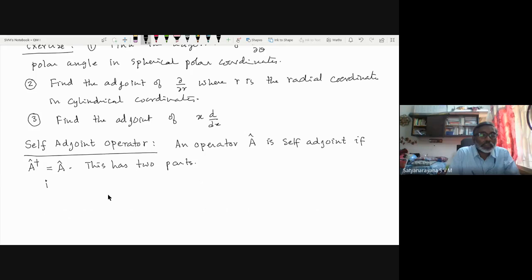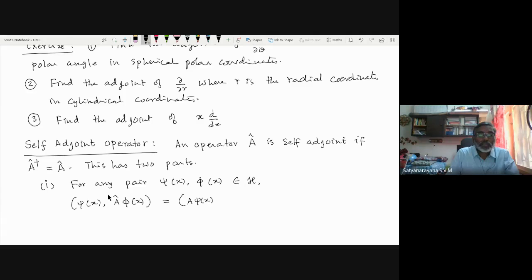The first part is that for any pair psi of x, phi of x in the Hilbert space H, psi of x comma A acting on phi of x should be equal to A psi of x acting on phi of x. This is basically the definition of the adjoint, right?